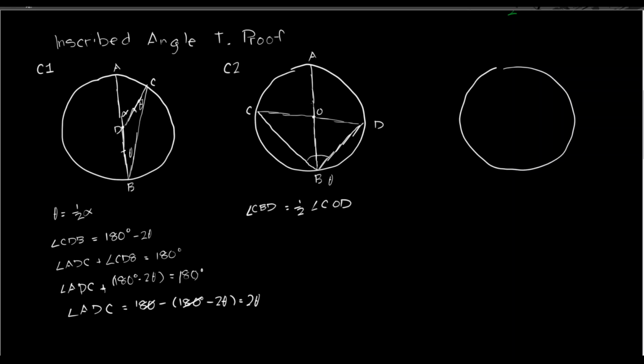Now, if we look at this diameter drawn here, we can break this up into 2 halves. Let's just label angle COD alpha, by the way. But notice that we can cut this into 2 halves. Maybe let's call angle ABD theta 1 and angle CBA theta 2.